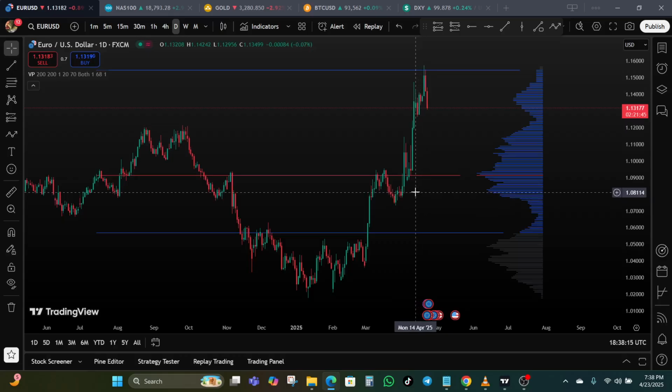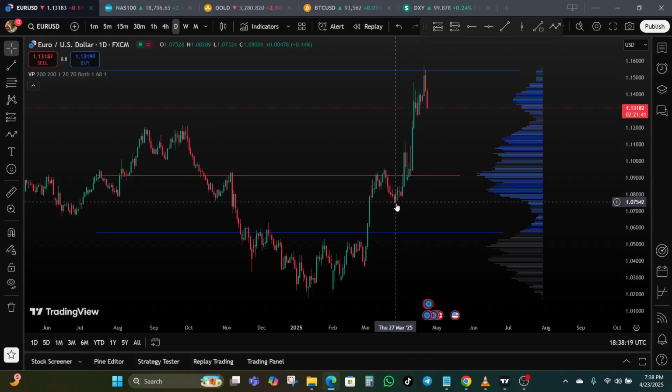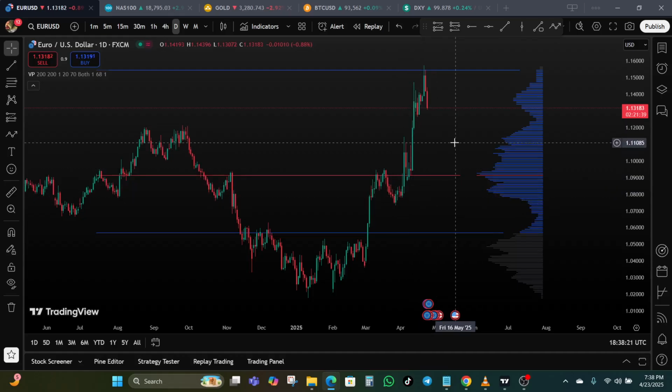When price returns to a high volume zone, it often consolidates or reverses, right? Then when it breaks through a low volume zone, it does it fast. So that is your roadmap. These volume-based support and resistance zones show you where to anticipate reaction.